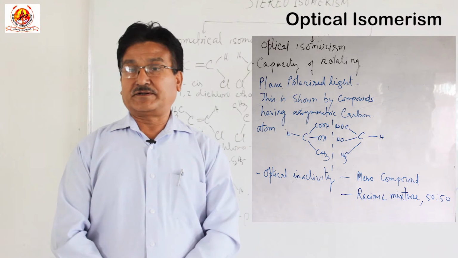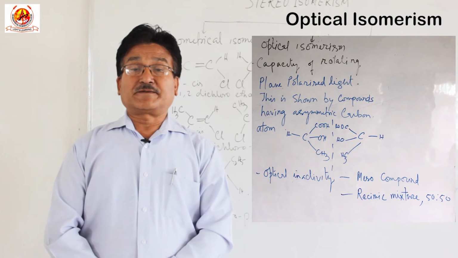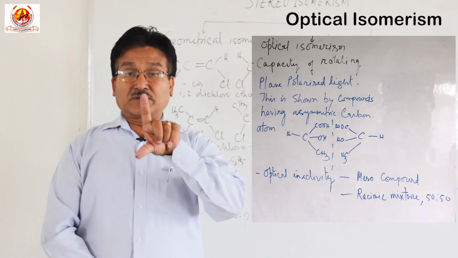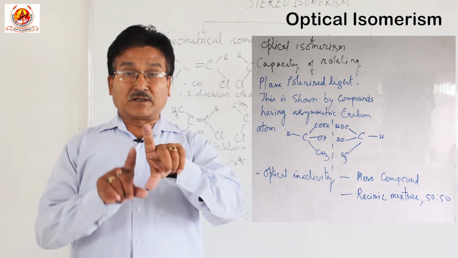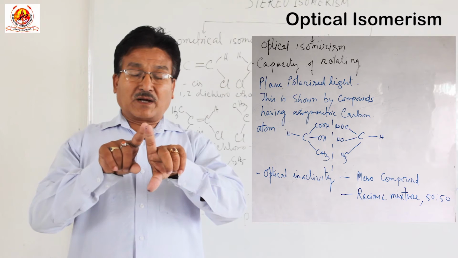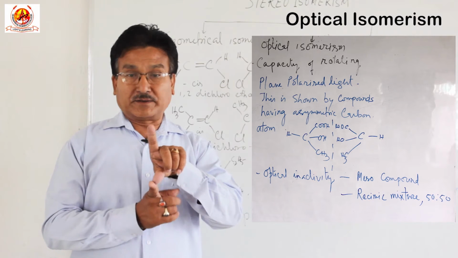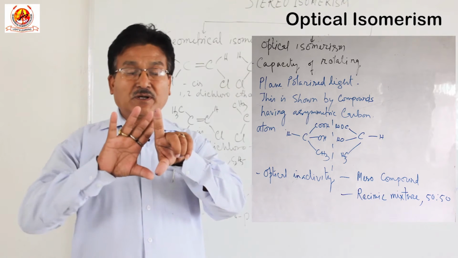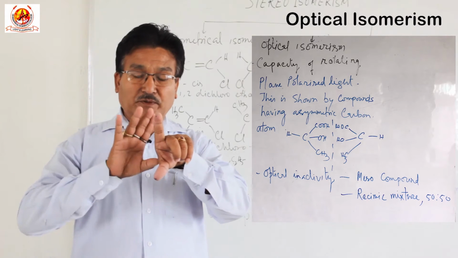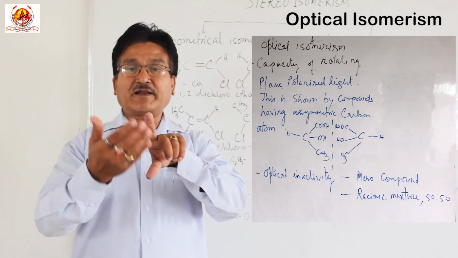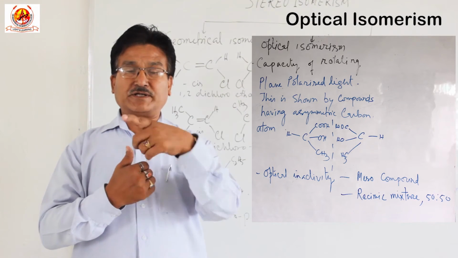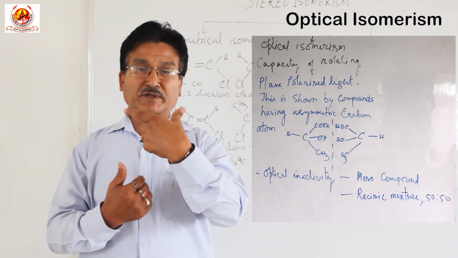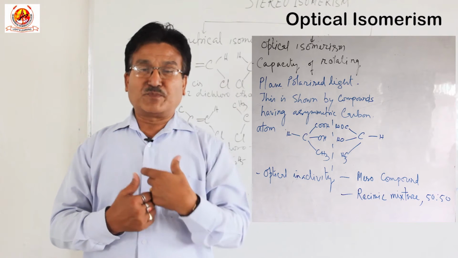They are all different. In this projection formula, the carboxylic acid group and CH3 group are away from me, and the hydroxyl group and hydrogen are towards me.